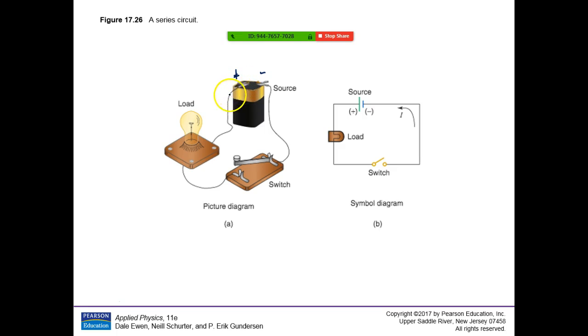The current leaves the battery and goes through the load, that's the light bulb. Depending on what kind of light bulb that is, it kind of looks like an incandescent bulb. If it is, then you're heating up a filament, so you're sending a fair amount of current through there to heat the filament, and the bulb has a fairly large resistance.